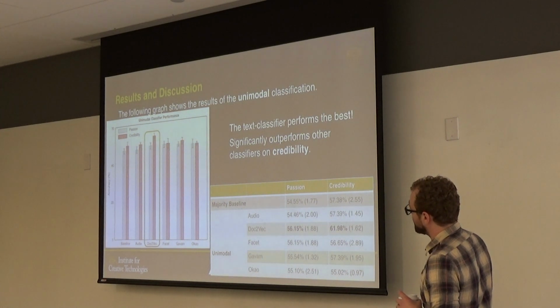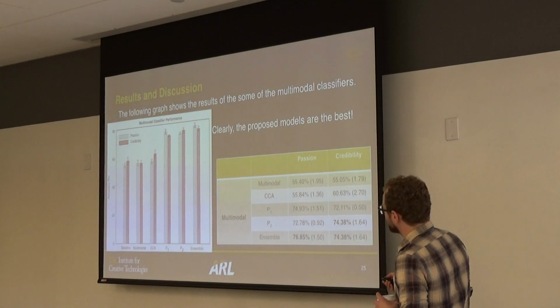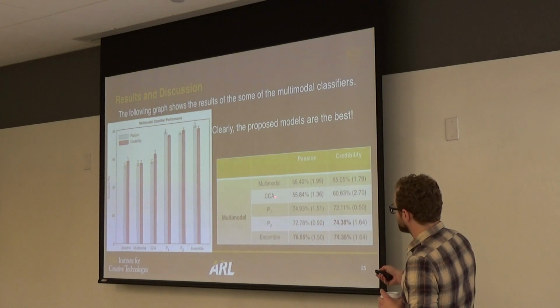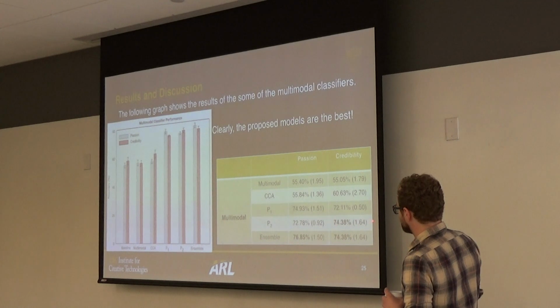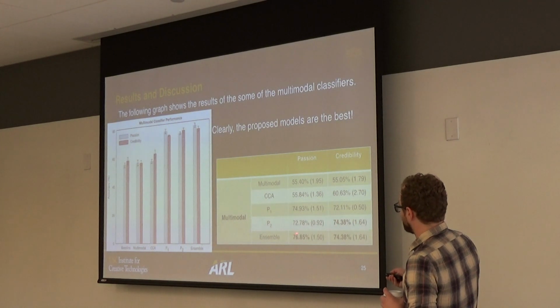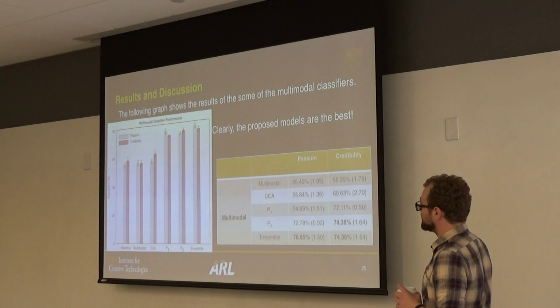Now, if we move to the multimodal, we suddenly see the following. This is for baseline support vector machines, these two, and then first perspective, second perspective, and the ensemble. We see a slight improvement for passion, and we don't improve on the second perspective on credibility.